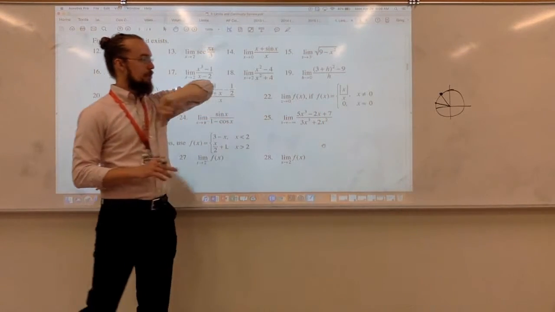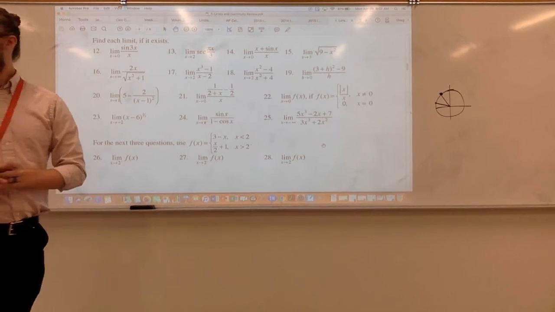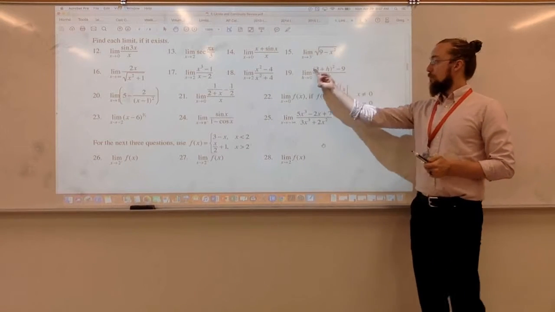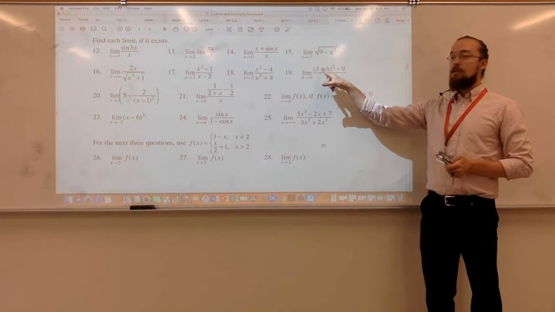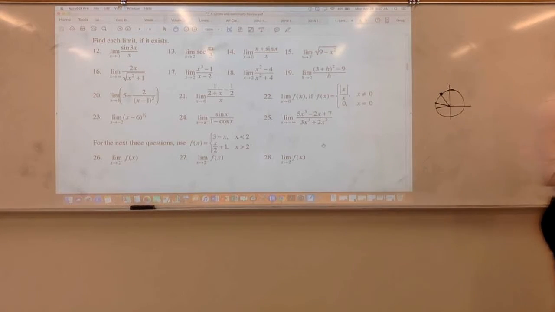On this one, if we plug in 0, we get 3 squared is 9, so 9 minus 9 is 0 over 0. So we could use L'Hopital's rule.